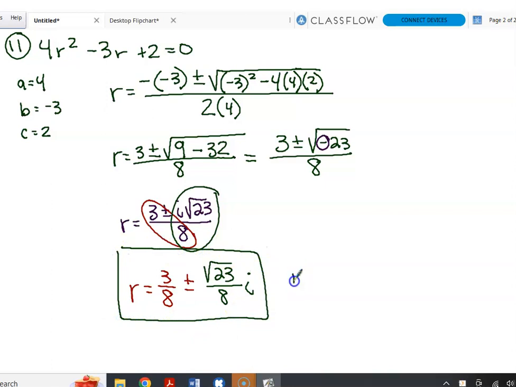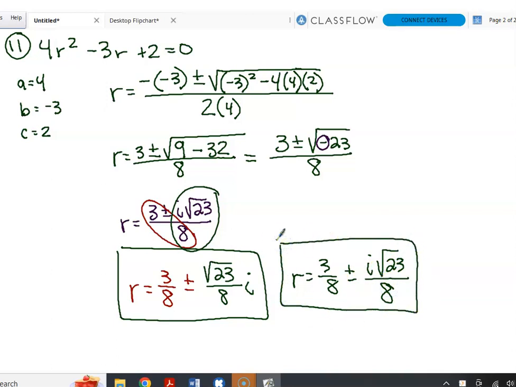If you write it as r equals 3/8 plus or minus i times the square root of 23/8, that is also perfectly fine. I would take either of those forms. It does not matter. But again, if you memorize the quadratic formula, you're just plugging the numbers in every time.